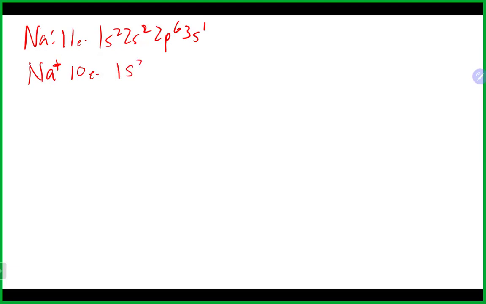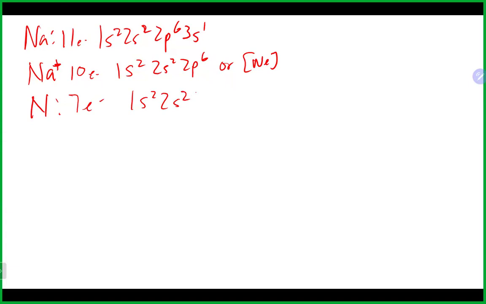And we would have to adjust electron configuration, 1s2, 2s2, 2p6 in this case. That is 10 electrons. That is also the same as neon, right? That's the same electron configuration as neon in this particular case. If we look at nitrogen with no charge, which is 7 electrons, 1s2, 2s2, 2p3.